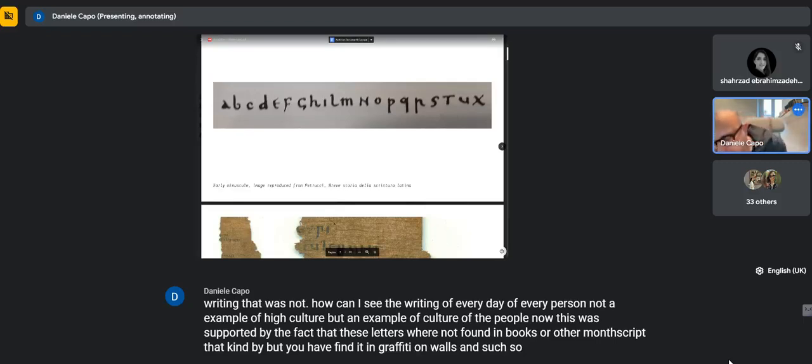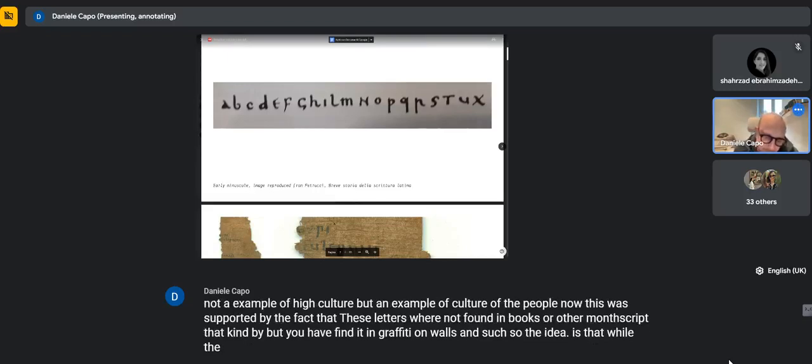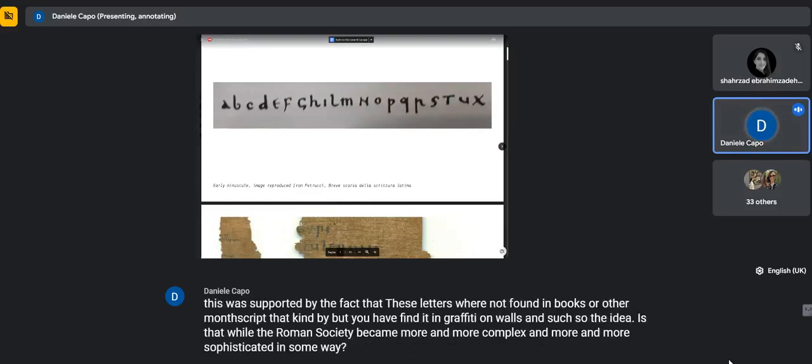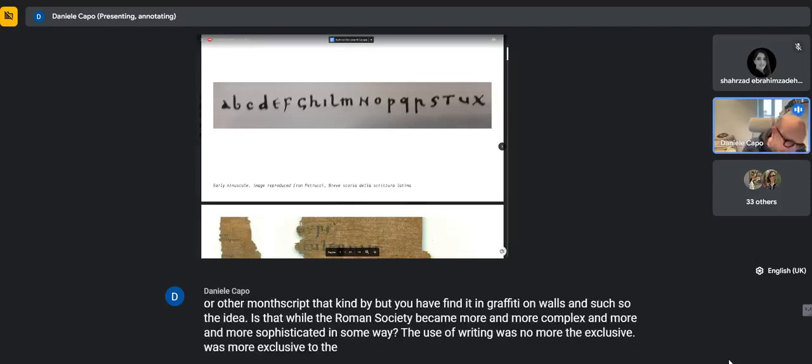So the idea is that while Roman society became more and more complex and sophisticated, the use of writing was no longer exclusive to the higher classes, but literacy was quite widespread.